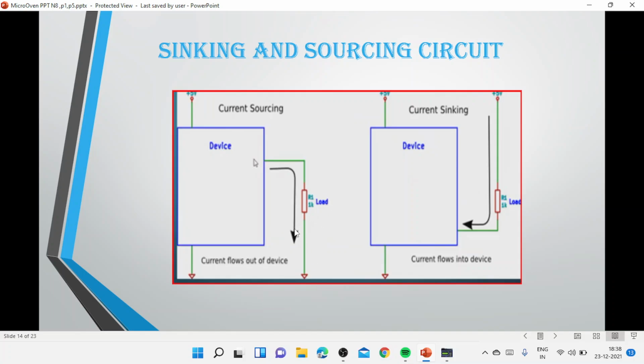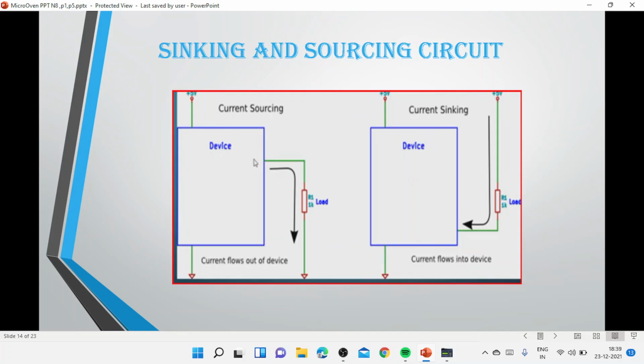This load is acting as output with respect to the microcontroller because the current is flowing in this direction, out from the device. This process is called current sourcing. And coming to current sinking, from the VCC 5 volts the current is coming and it reaches the load, and from the load it is going to the microcontroller, right?